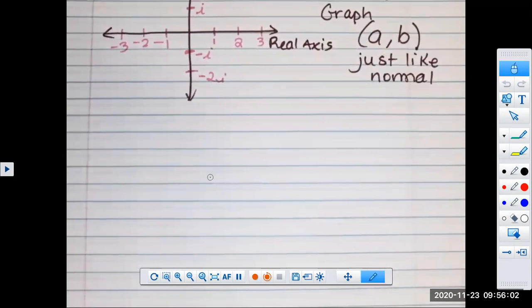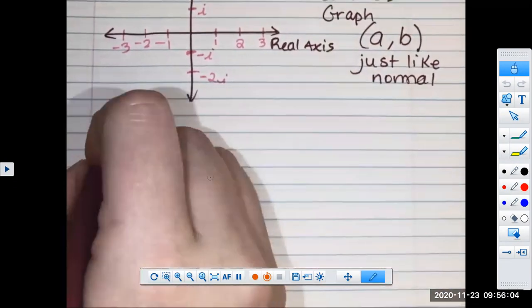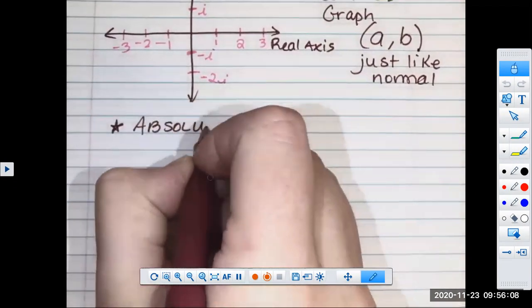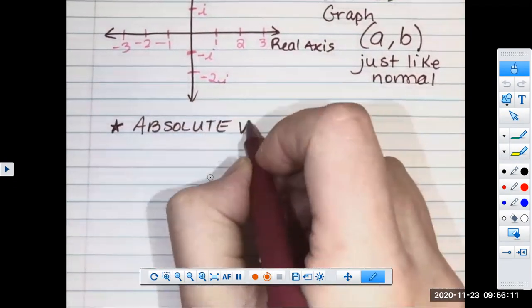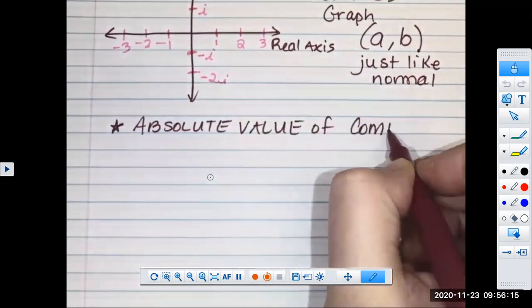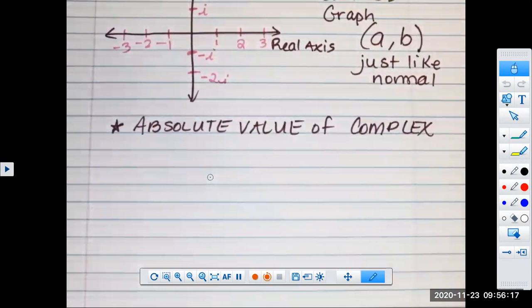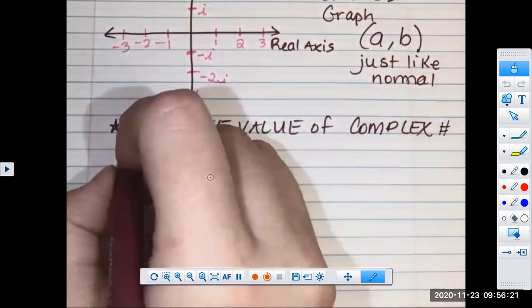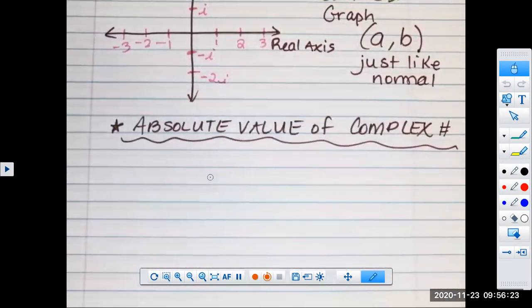Now, another thing it's going to ask you to do, and you're going to see this next year again in pre-cal, is the absolute value of a complex number. Now, you know, of course, the absolute value of 5 is 5. The absolute value of negative 5 is also 5.